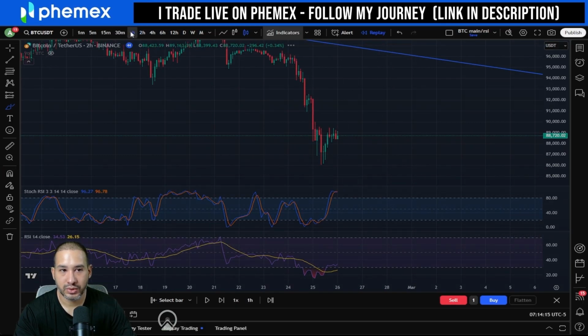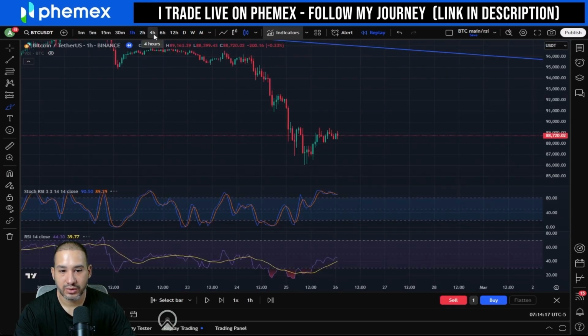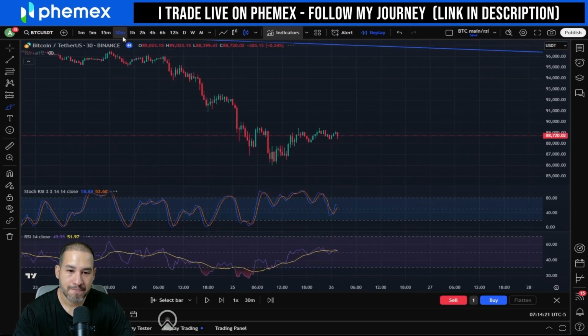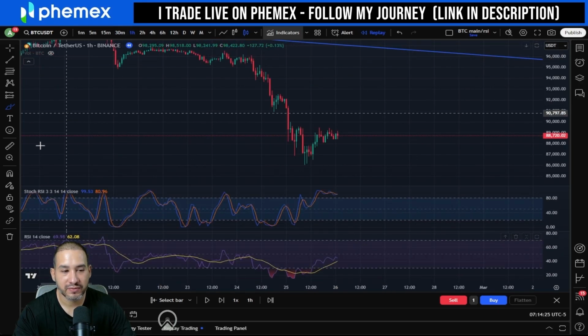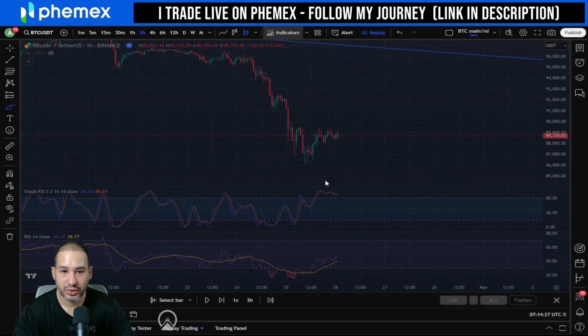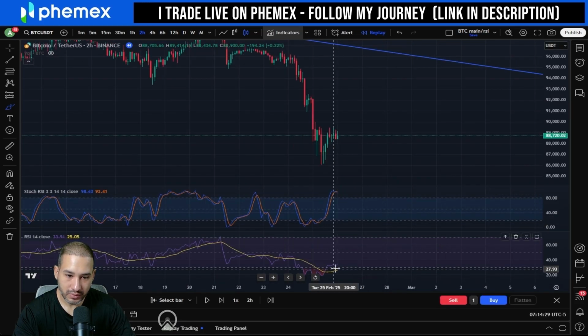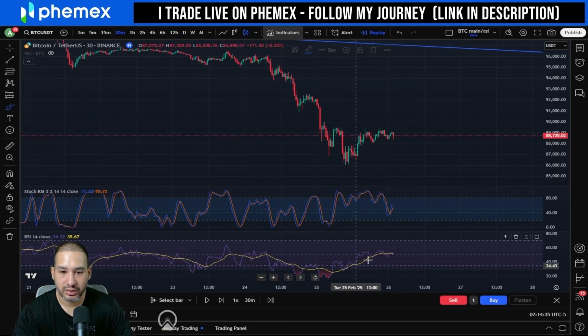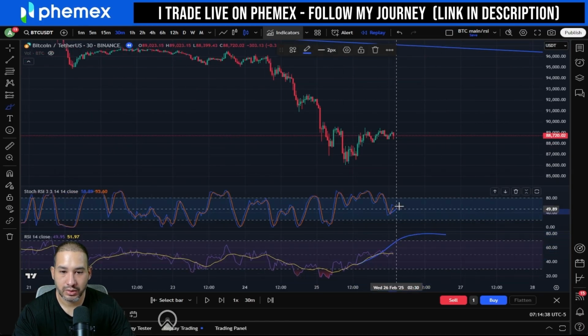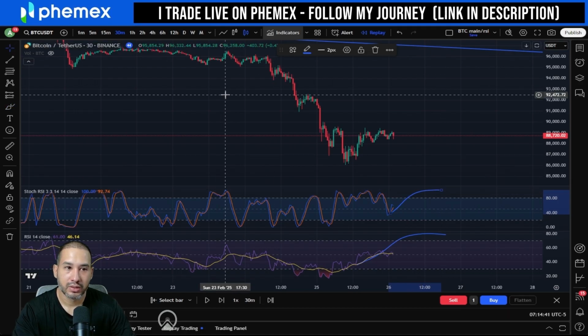So you just want to look again at your lower time frames too. You want to see what your lower time frames are doing at that point. If we're at the 2 hour and we're trying to see if that is going to play out, then I would go to my lower time frames. Let's say we saw the RSI up here and this stochastic up here on the 30-minute.